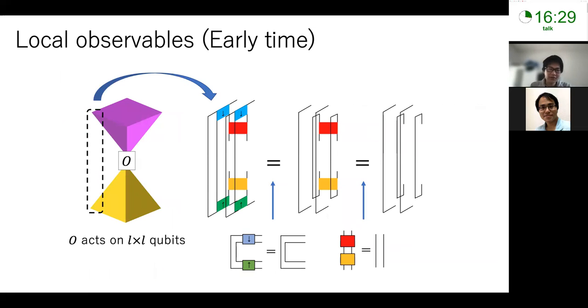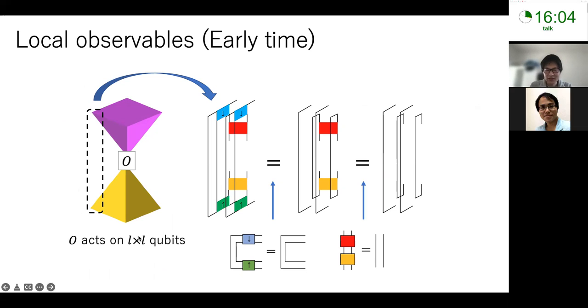And we can also show that the local observable in early time can be calculated exactly. The proof technique is very similar to the 1D case. Graphically, the local observable is written like this.